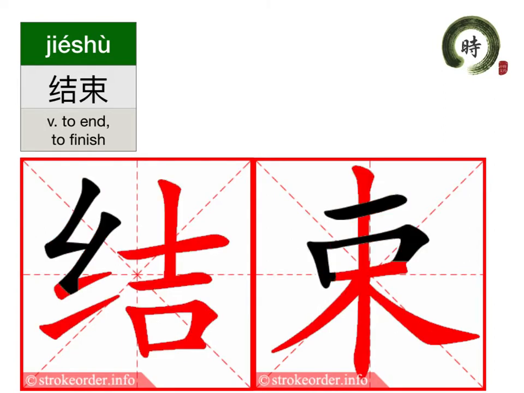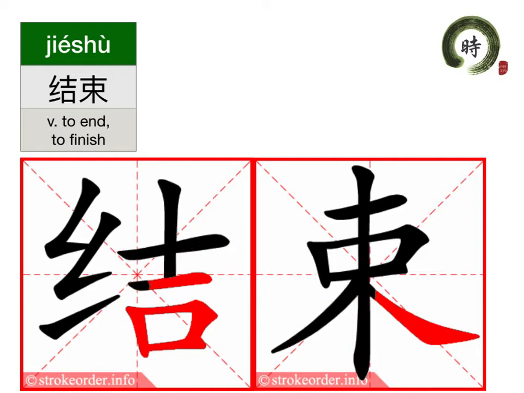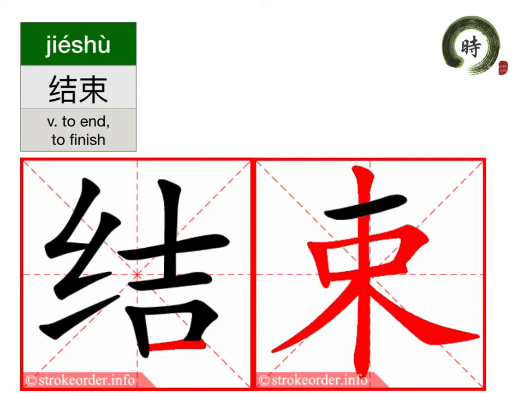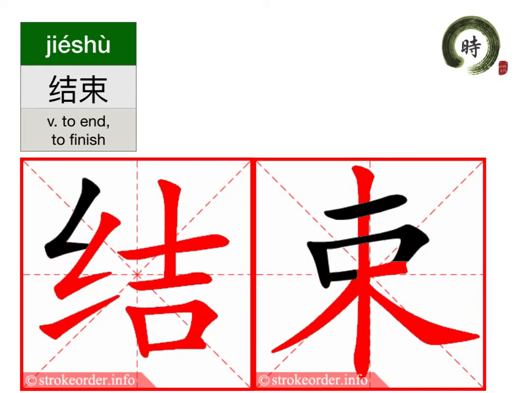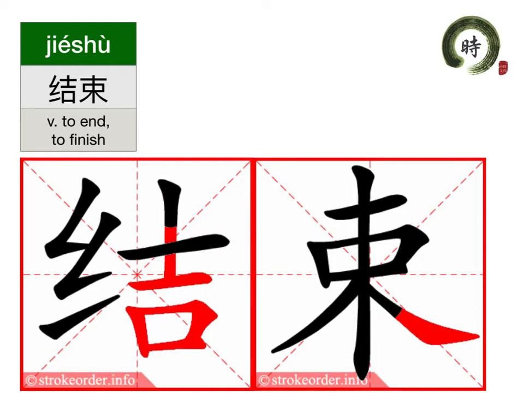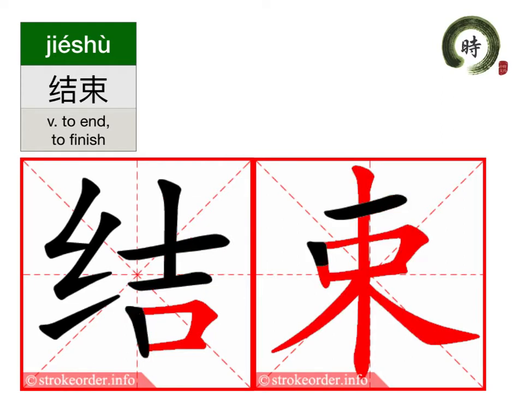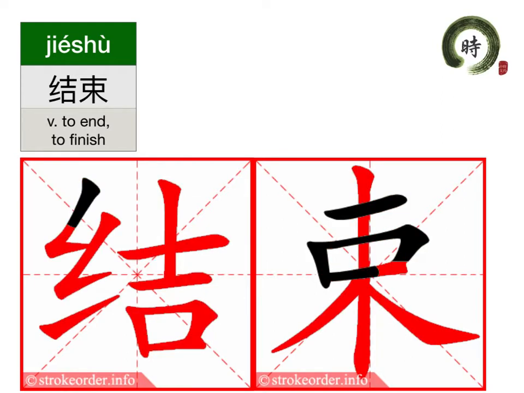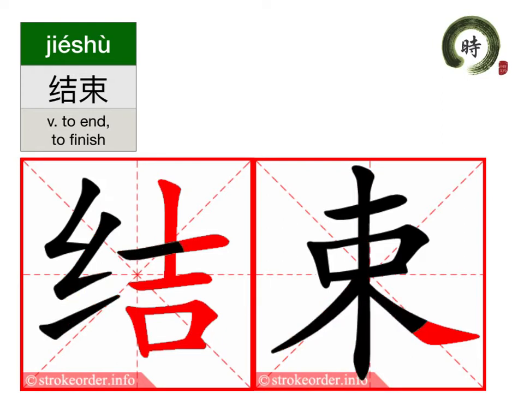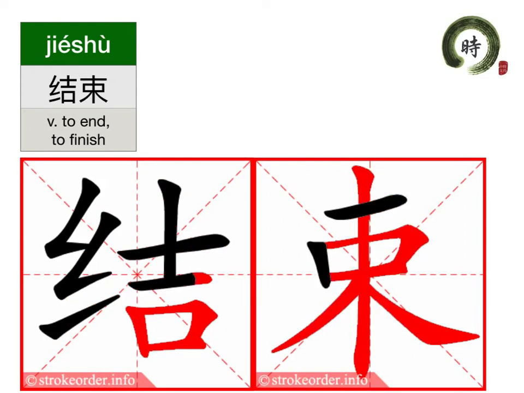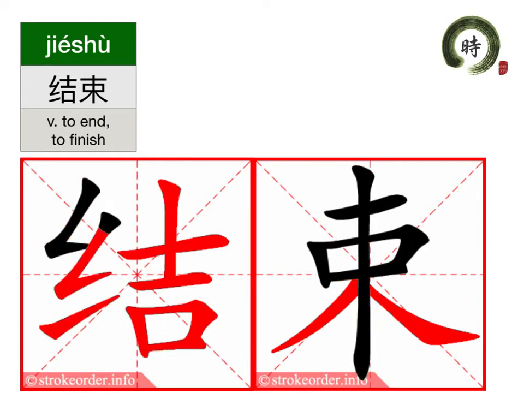Okay, now could you please write down 结束 by yourself? 非常好. Now let's watch again. And this time, please pay attention to the order of the strokes. Perfect. 结束, to end, to finish.